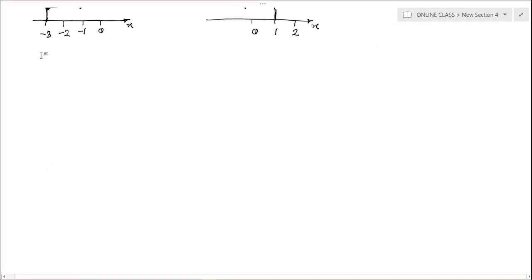Okay, now look at the example we have here. I will write the example.